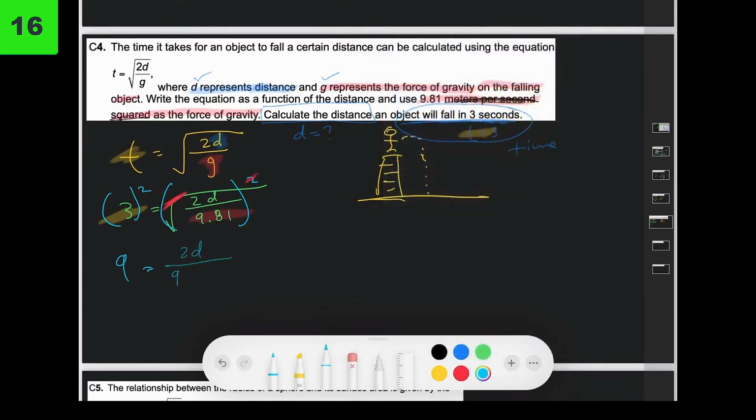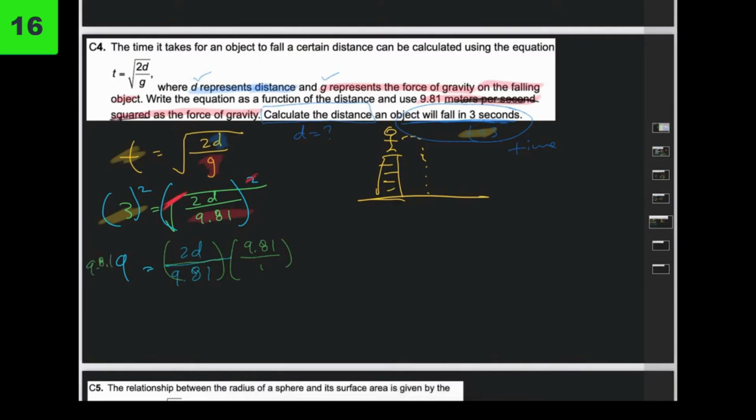2d over 9.81. Okay, here you can do a couple things. I'll just do it the slow way, or you could have just done solving proportions. So I see division, so I'm going to multiply both of these by 9.81.